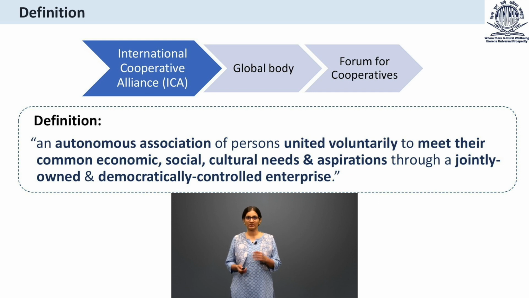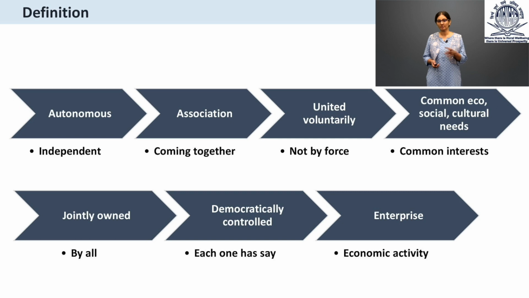Now, let us break this up. An autonomous, that is independent, association of persons, association meaning coming together, united voluntarily, that is they have come together on their own, not by force from anyone, to meet their common economic, social, cultural needs and aspirations. So, they have come together for what? To meet their common economic, social, cultural needs and aspirations.